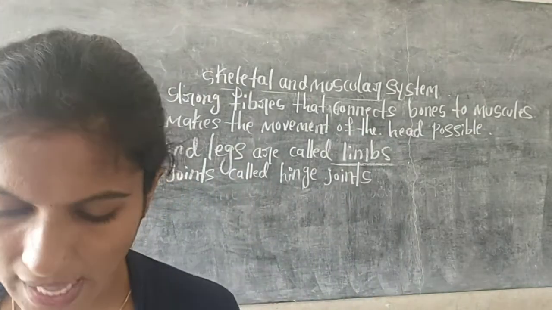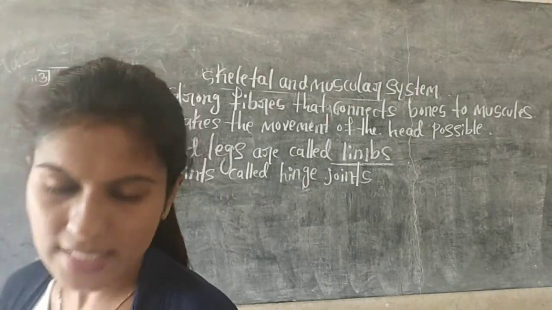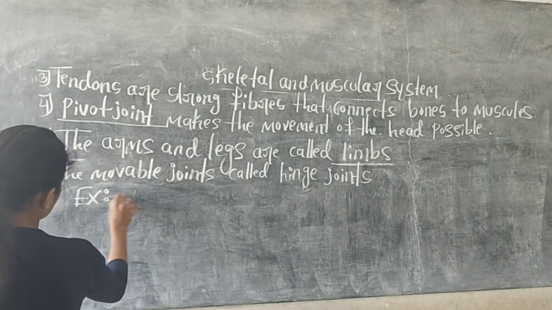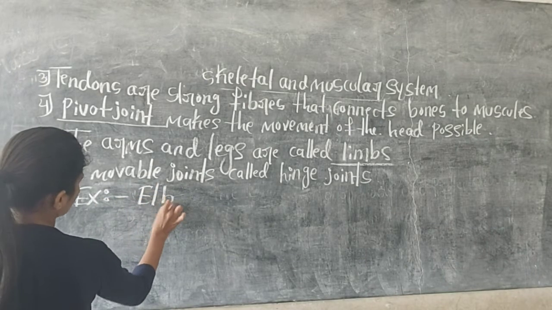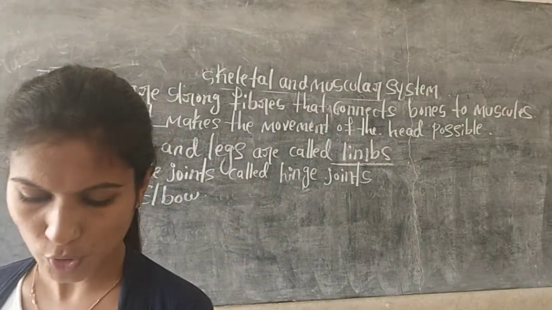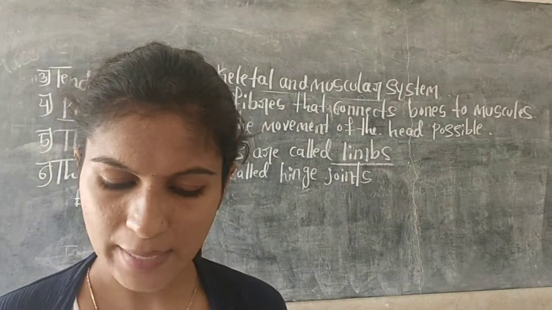How many examples have they asked for? Only one example for the hinge joint. That is the elbow. Elbow joint is the best example for the hinge joint. So these are the short answer type questions.